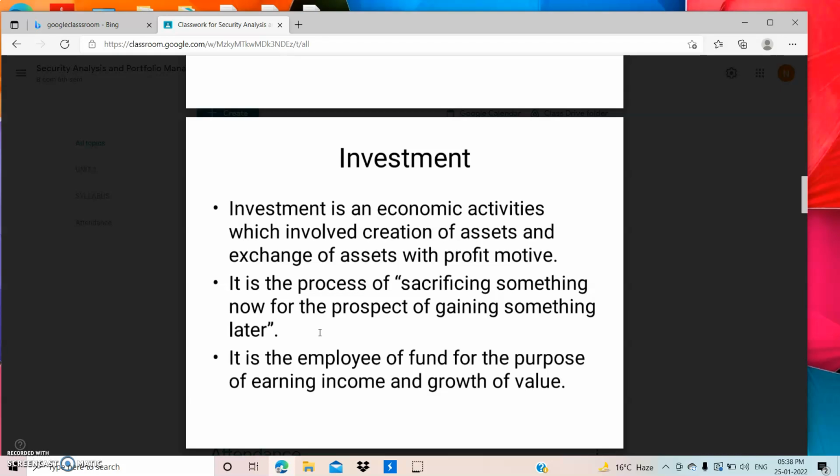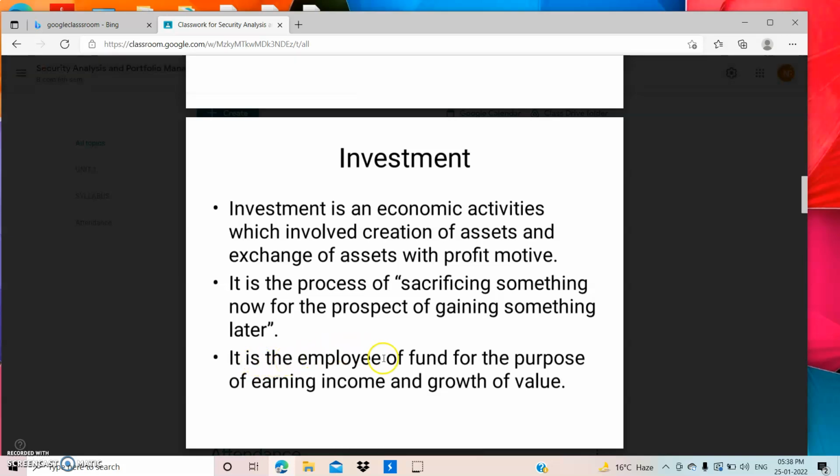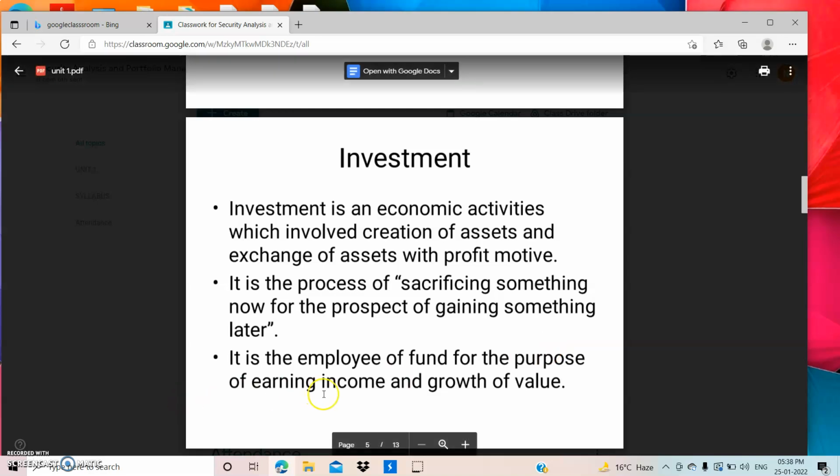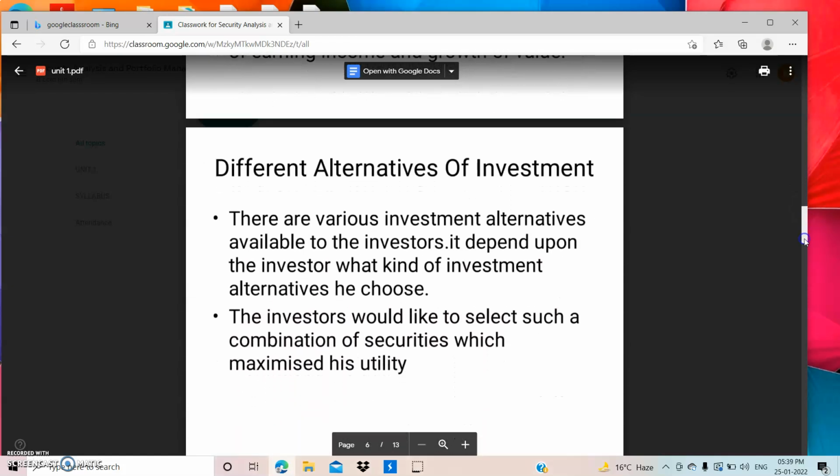If you are sacrificing your needs and wants right now, and you have put your money for say 1 year or 2 years with the company shares or with the bank, then after 1 or 2 years you will be getting some interest on that, right? So it's a process of sacrificing something right now for the prospect of gaining something later. It can also be defined as the employment of funds for the purpose of earning income and growth in value.